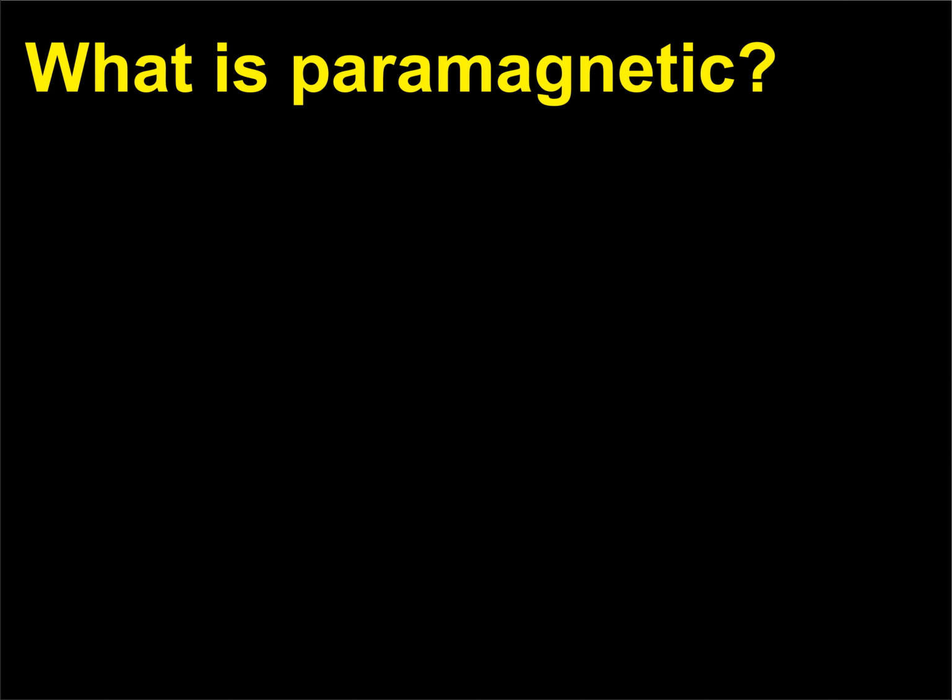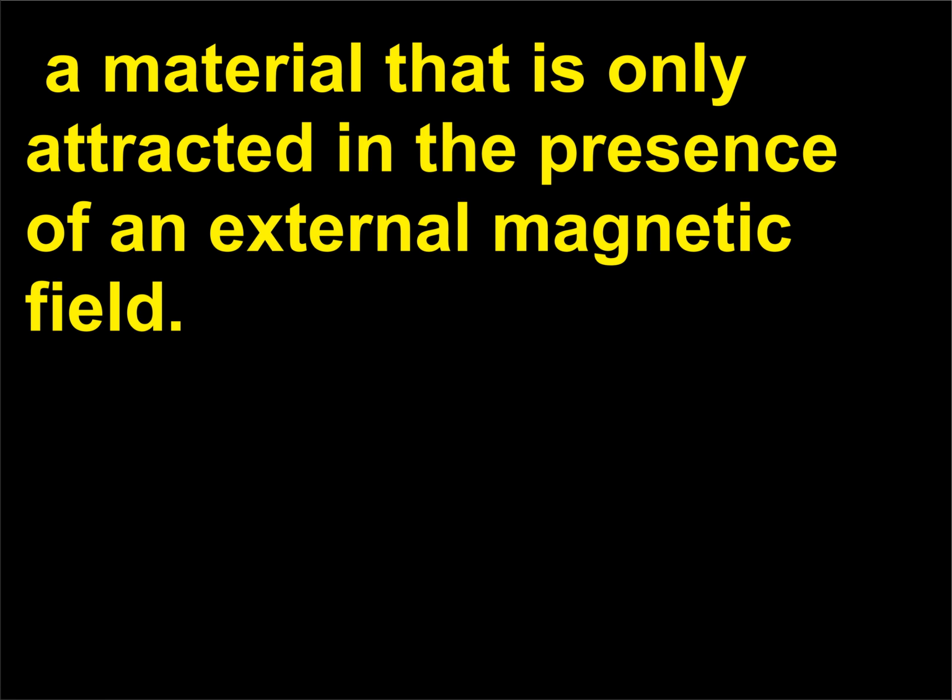What is paramagnetic? A molecule with no net spin. A material that is only attracted in the presence of an external magnetic field.